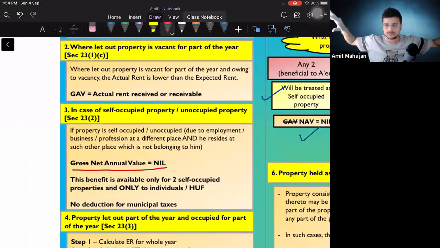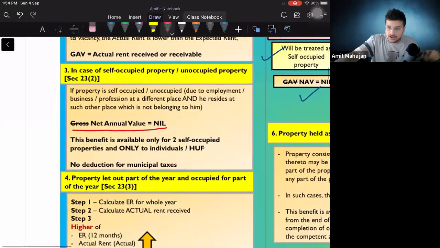Nobody is staying there. In situation 2. In situation 4, what is happening? You have given that property on rent for 10 months. This is common in 2 and 4. But for the rest of the 2 months, you are occupying that property. It is not vacant. You are occupying that property.